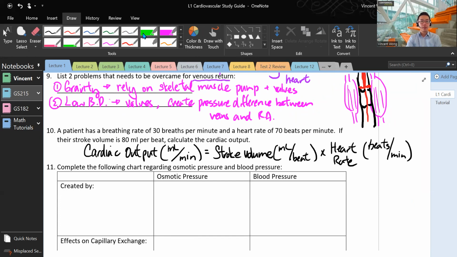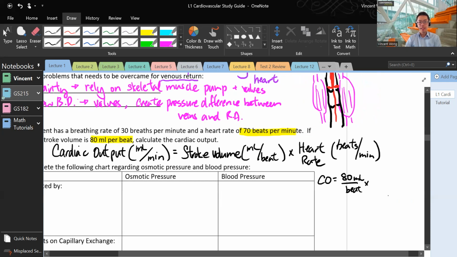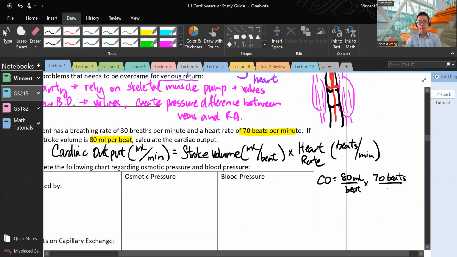That is correct, Tyler. But let's go through the calculation. 70 beats per minute for the heart rate and 80 mils per beat. So we can just sub it into here, right? Cardiac output is 80 mils per beat multiplied by 70 beats per minute.